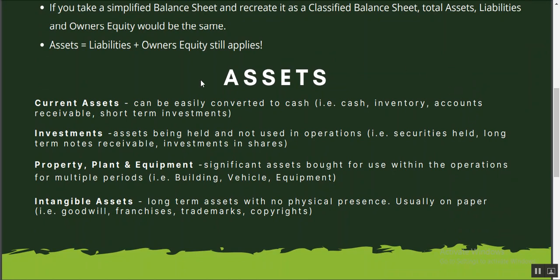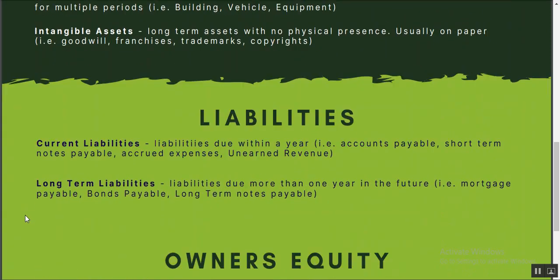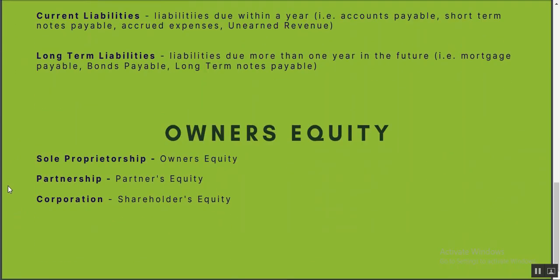And so we have our assets that can be broken down into current assets, investments, property, plant, and equipment, and intangible assets. And then we also have our liabilities, which can be broken down into current and long term. And our owner's equity section can be broken down differently based on the type of company it is.